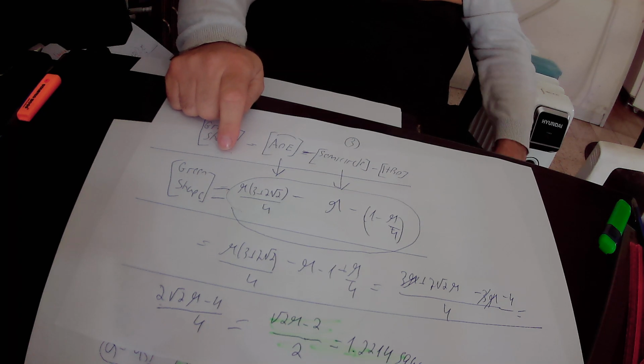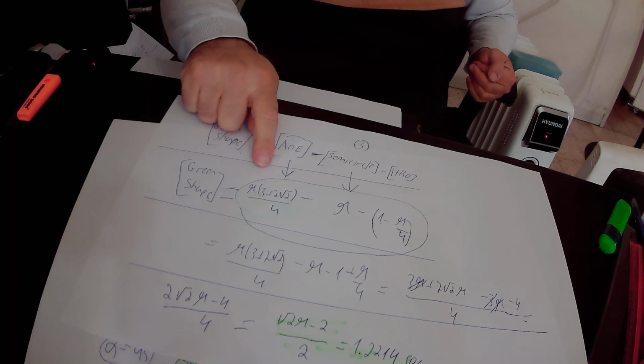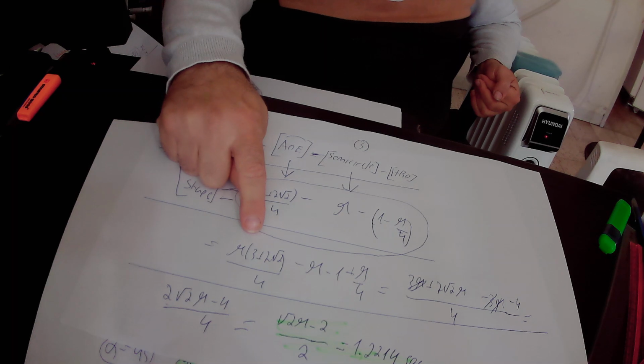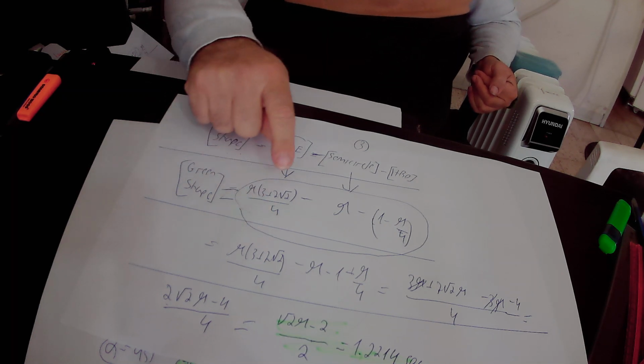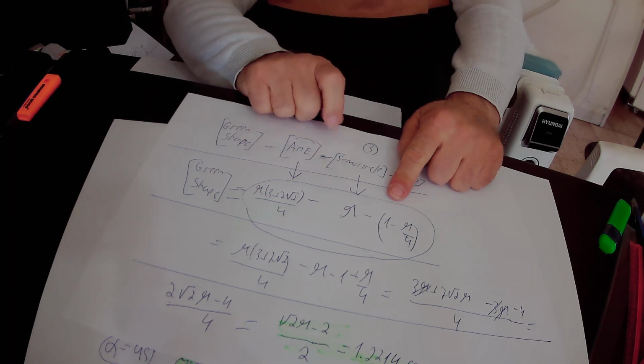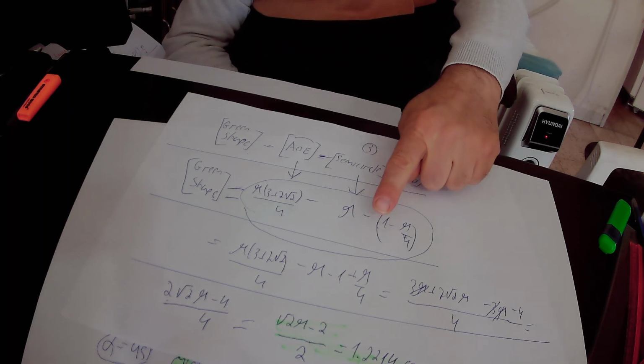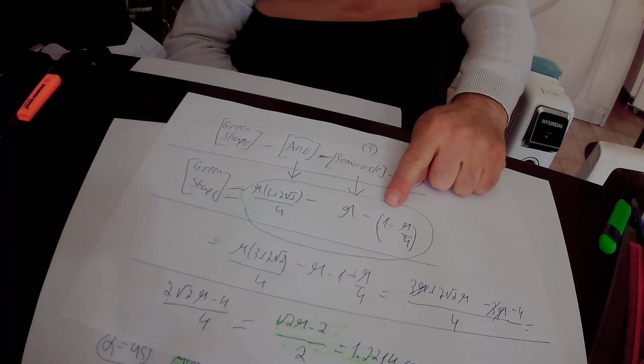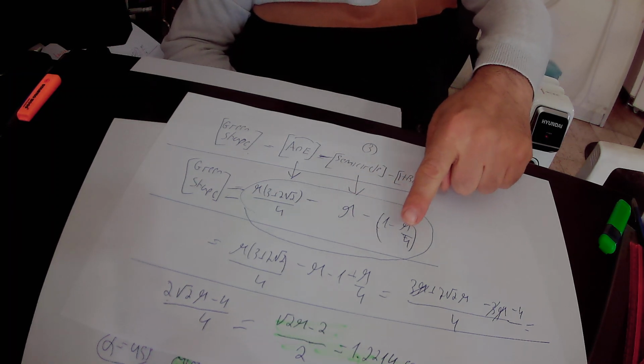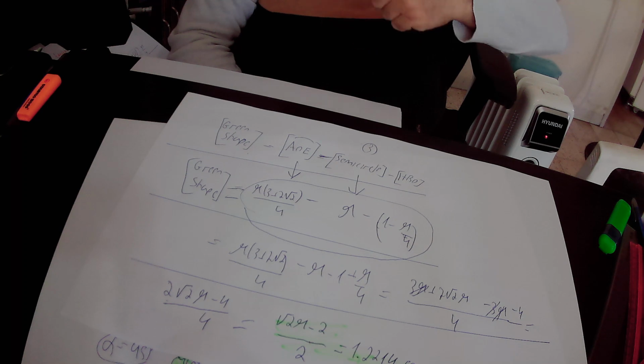So we simplify this expression in order to find the area of the green shape in terms of numbers. So we have here pi times 3 plus 2 times square root of 2 over 4, minus pi. We open the brackets here, we have minus before the bracket, so this expression will be minus 1, and minus times minus is plus, so it is minus 1 plus pi over 4.